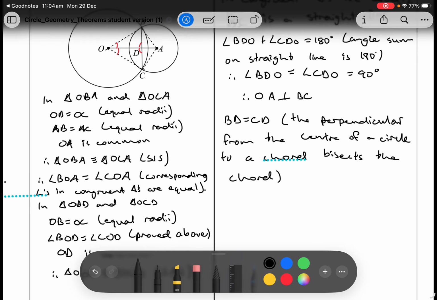That's why we've left it right at the very end, because we're drawing from a lot of the congruence we've been doing, as well as a lot of the previous circle theorems. So because the perpendicular from the center of a circle to a chord bisects the chord, we can say that BD equals CD, and hence we can say the line joining the centers bisects the common chord at right angles.